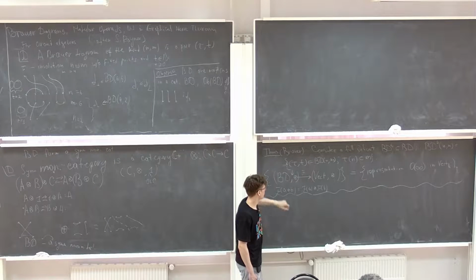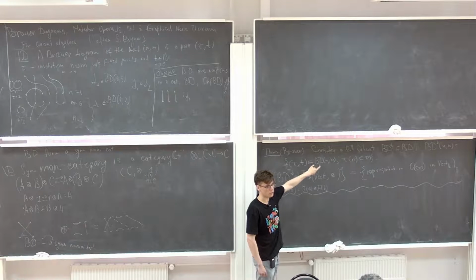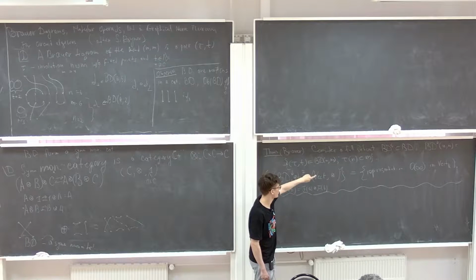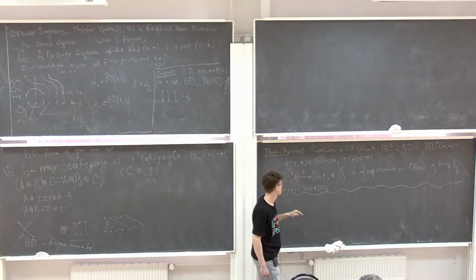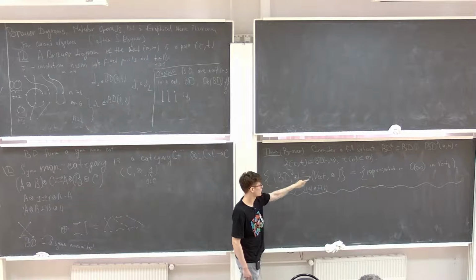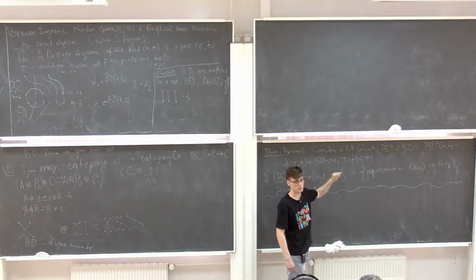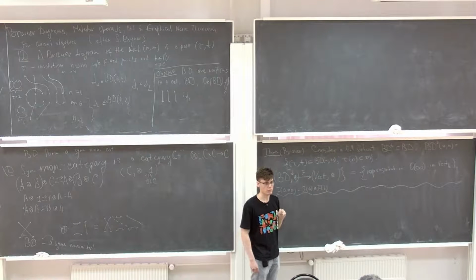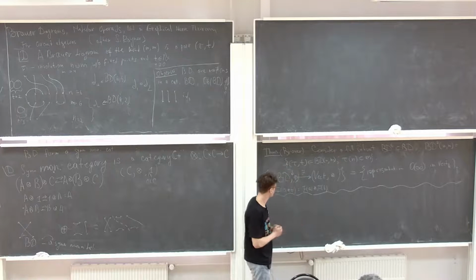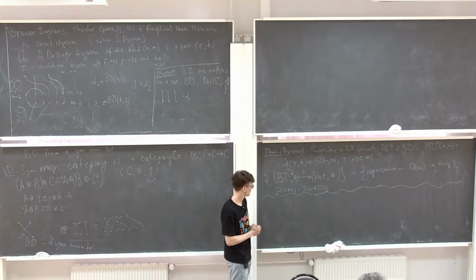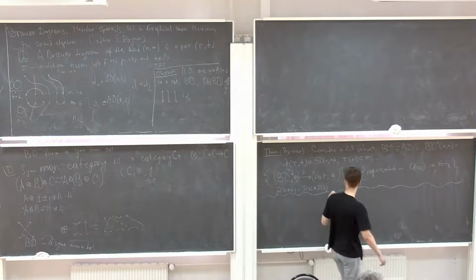Well, I gave a definition. It consists of the Brauer diagrams for which one row of the points is not connected to each other. Any points of one row are not connected. Yes, that's why I defined it.